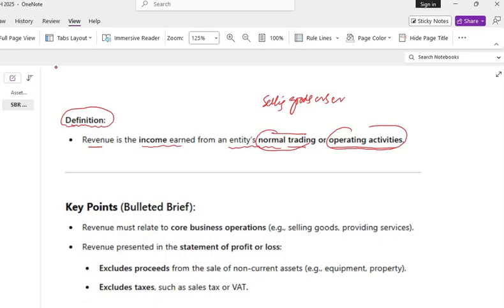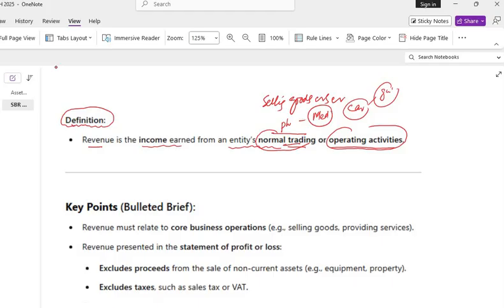If you are doing a business of pharmaceutical, you have a pharmaceutical company, so if you are selling the medicine, then that will be your revenue. And let's say you have a car, and you just sell that car and you get money from that car, then that will not be considered revenue, because this is not your normal trading. Clear?